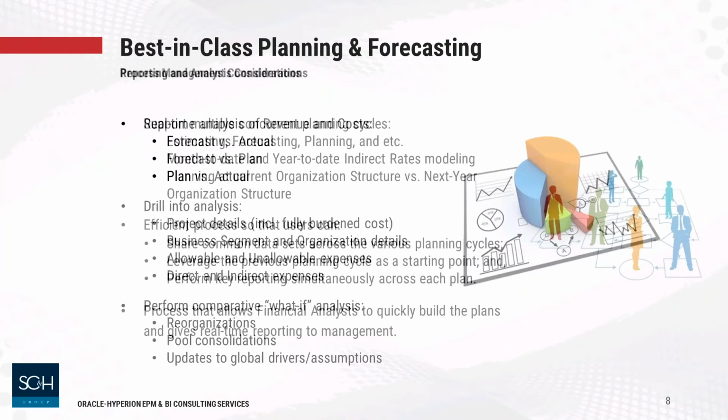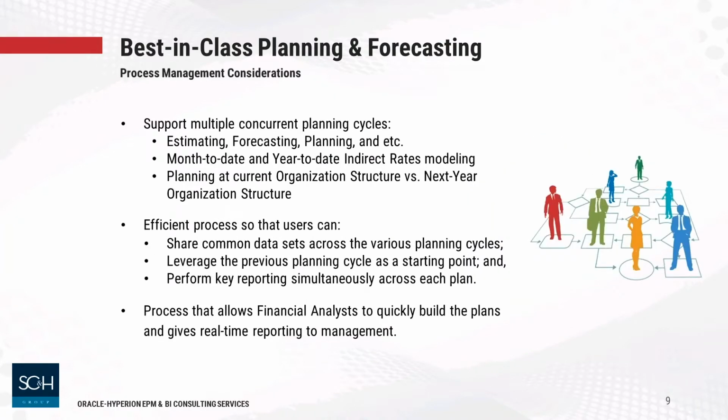From a process management consideration, as is with most government contractors, you'll find yourself actually working across multiple planning cycles at any point in time. The common ones that come to mind are you will always have a component of your business that's working on estimating the current book of business.